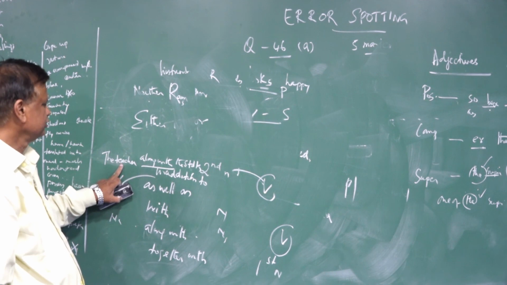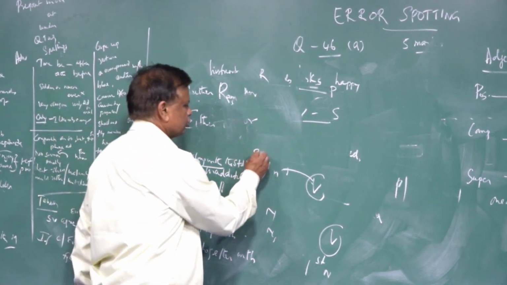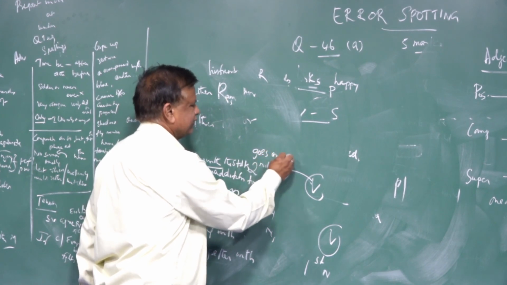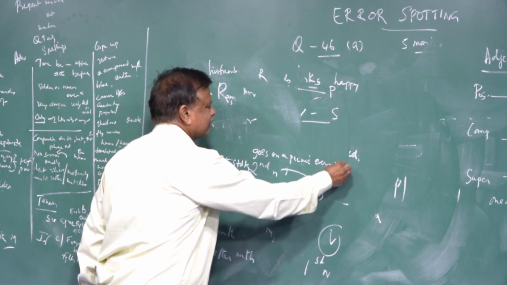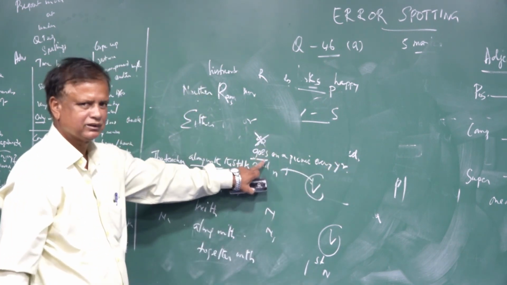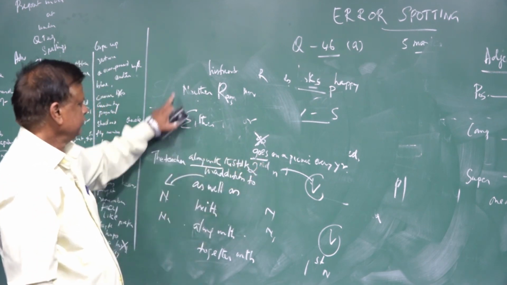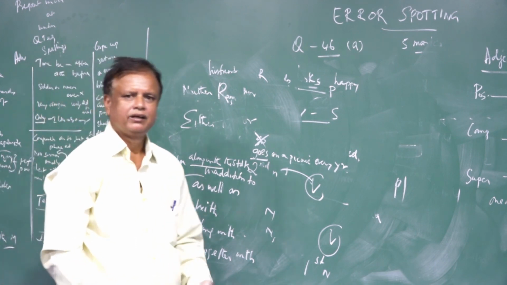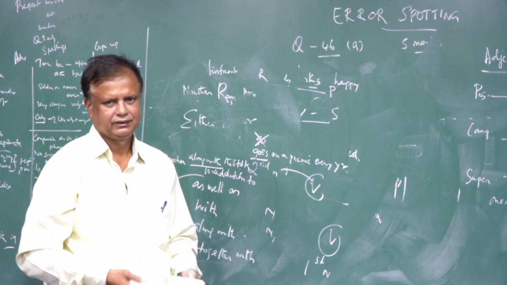Teacher is singular, so I say the teacher along with the students goes on a picnic every year. I cannot say "go," it should be "goes," because teacher is singular, so I use singular. This is the thing that you should remember as far as this class is concerned. We will continue with this in our next class.